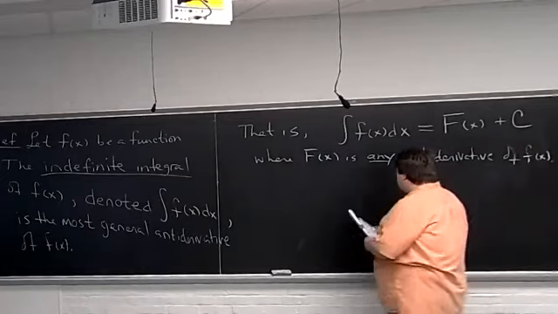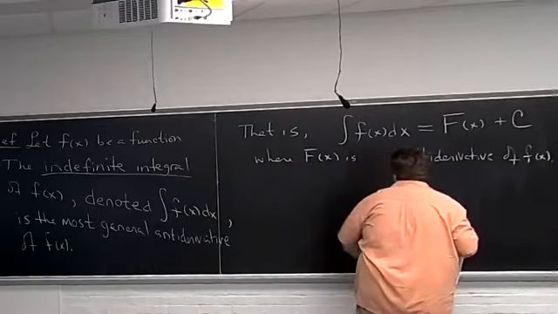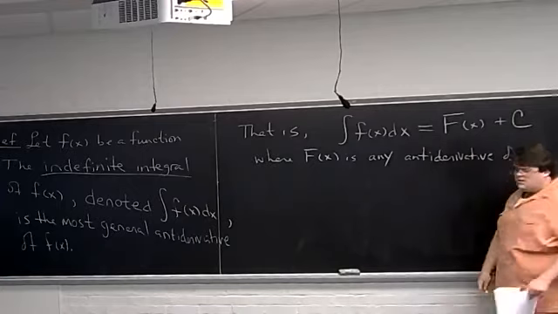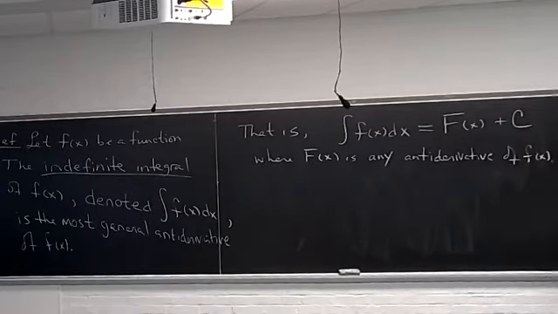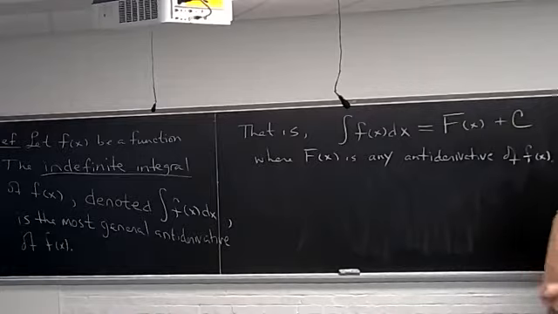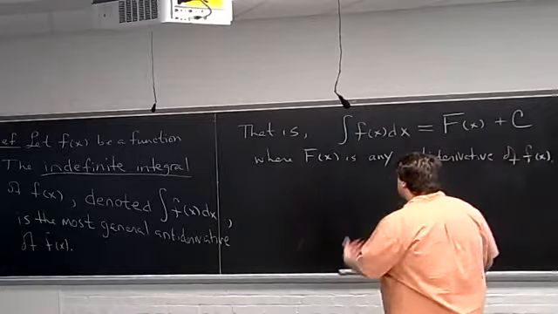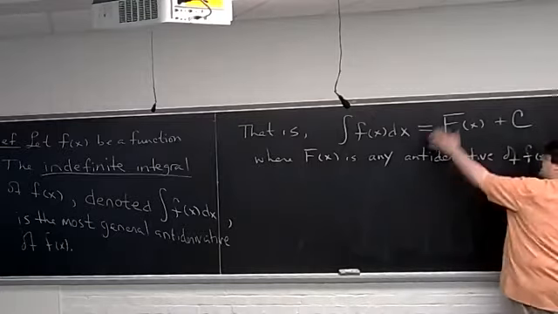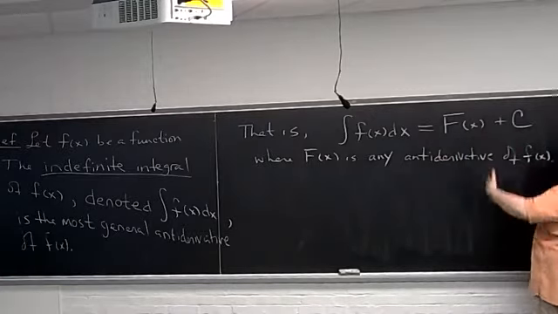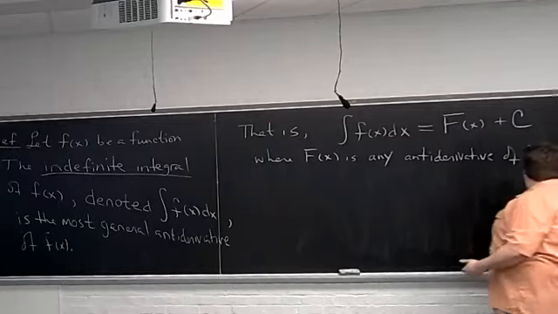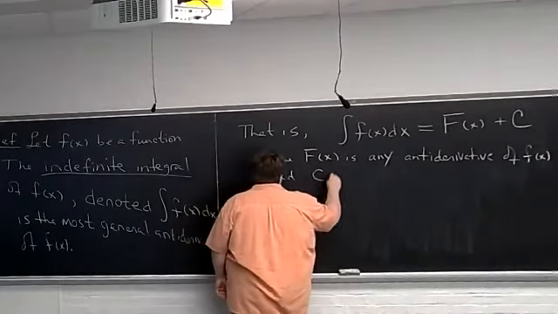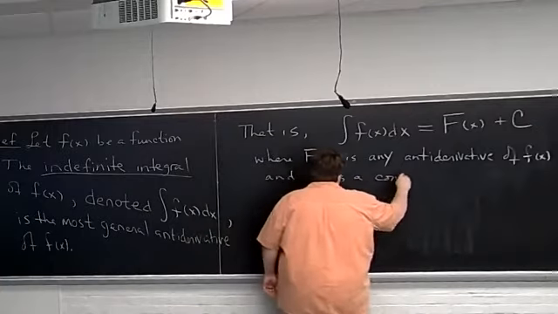It's not really that important for this definition. This notation, integral of f of x with respect to x, gives the most general antiderivative. And from that theorem, we know that the most general antiderivative is an antiderivative plus a constant. I should say c is a constant, where F is any antiderivative and c is a constant.